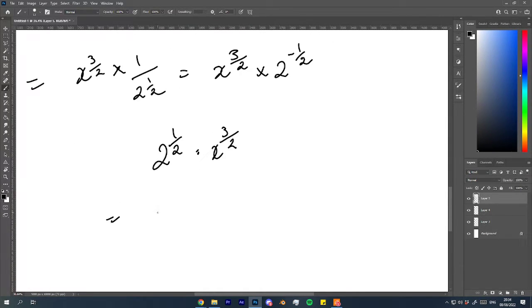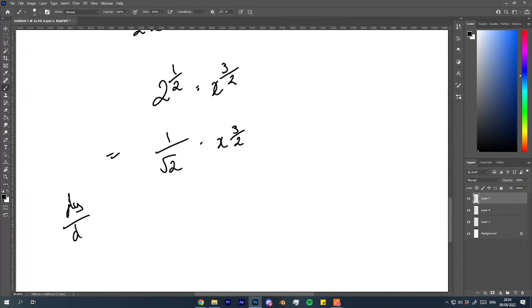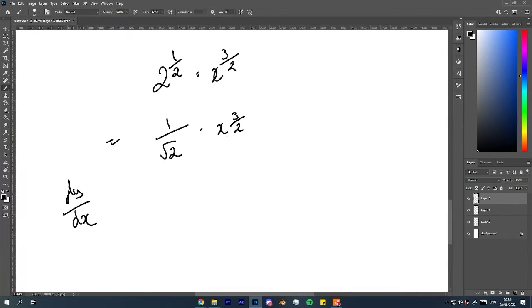This becomes 1 over 2 times by 3/2. Differentiate. Okay, we're going to differentiate that. Apologies for the mute. 3/2, we're going to differentiate. That becomes 3/2√2.